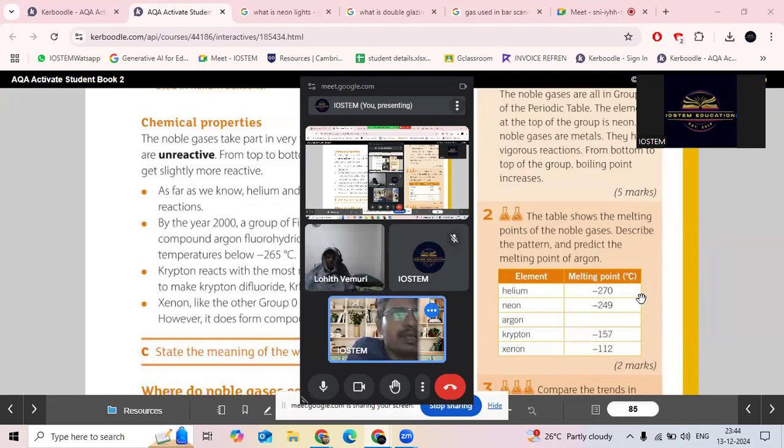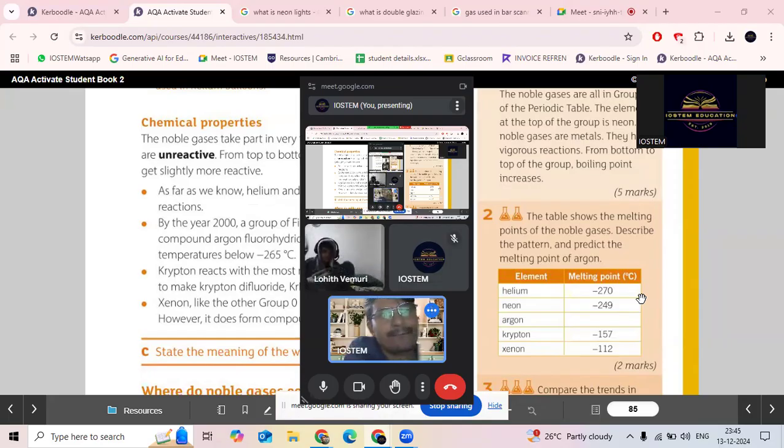Its value will not be smaller than minus 249 degrees Celsius and should not be bigger than minus 157 degrees Celsius.